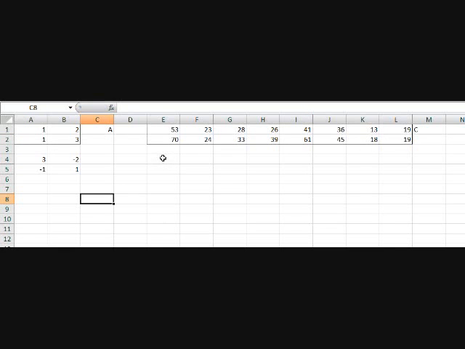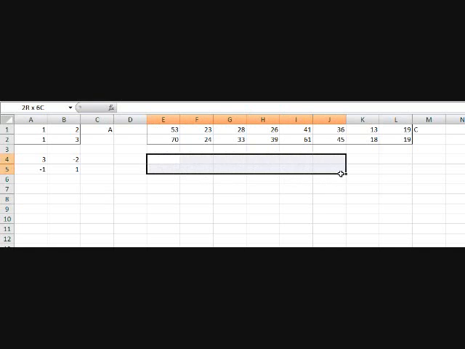So the way we do it is we create a 2 by 8 space here to begin with. That's where it's going to go, and then we say the numbers that go in that gray shaded box are the product of this inverse matrix times this output, and that's going to give us what the target matrix is.